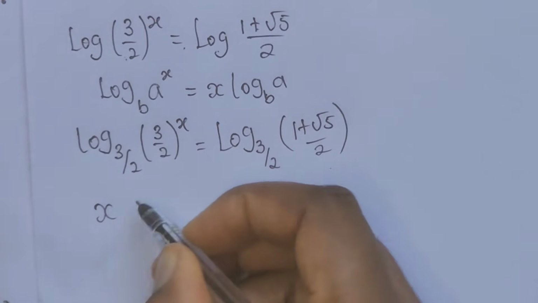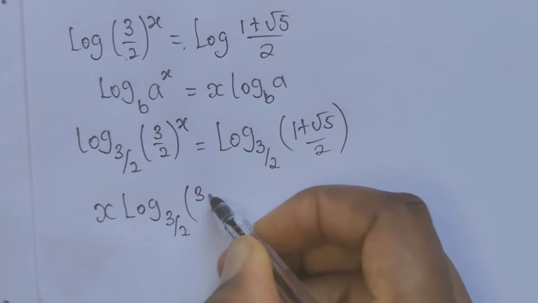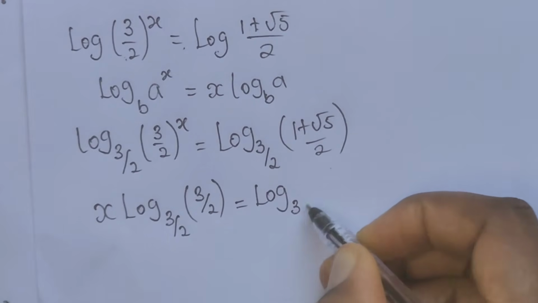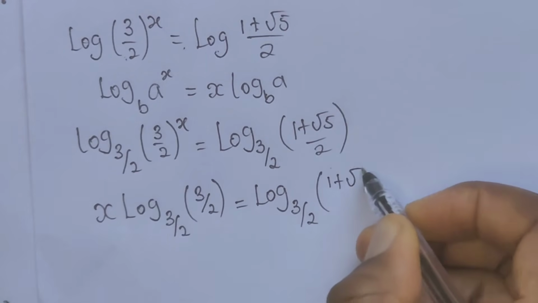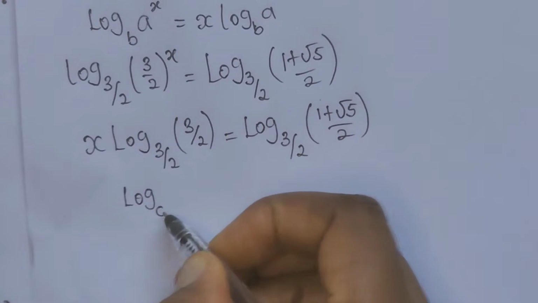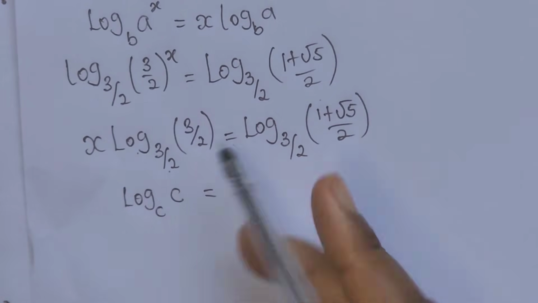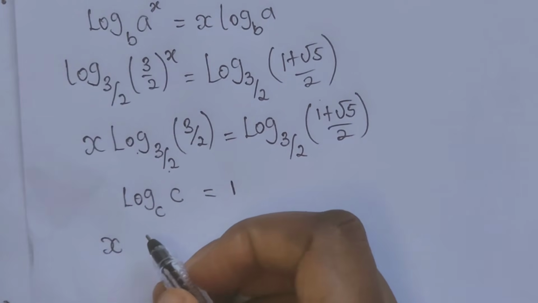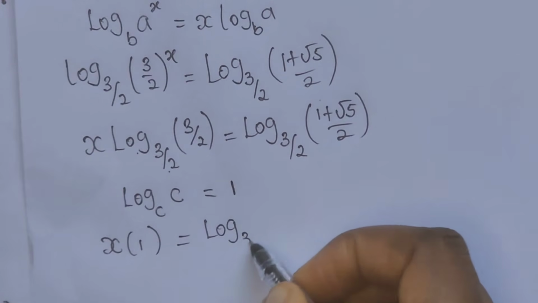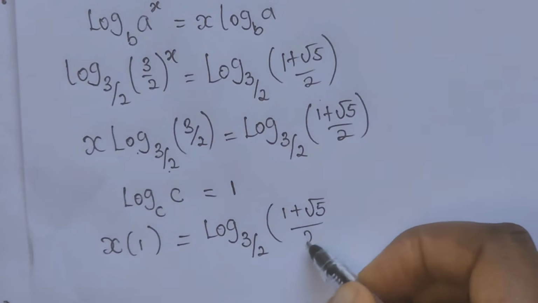So this becomes x times log to base 3 over 2 of 3 over 2 equal to log to base 3 over 2 of (1 plus root 5) over 2. But when we have log to base c of c, this is equal to 1. So log to base 3 over 2 of 3 over 2 becomes 1, so x times 1 equal to log to base 3 over 2 of (1 plus root 5) over 2.